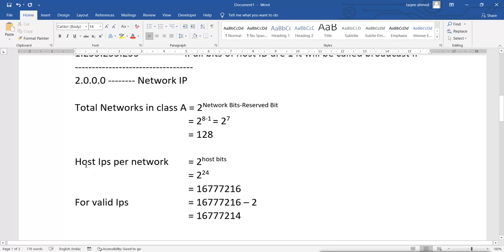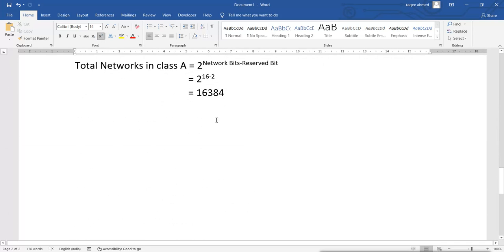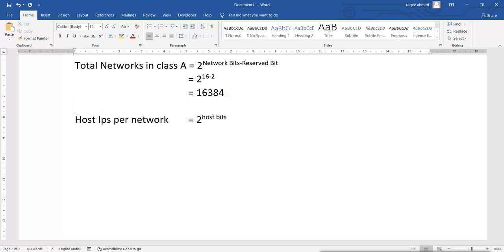Now in one network, how many host IPs do we get? This is the formula: 2 raised to host bits. How many host bits do we have in class B?